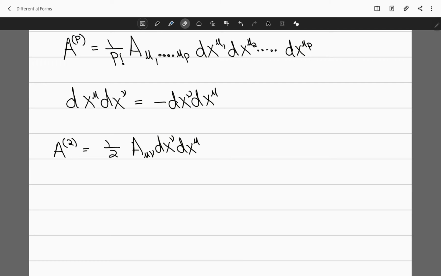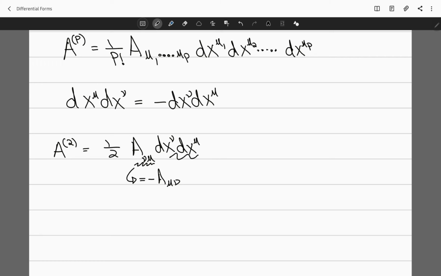Over here this would be opposite, so nu mu, right? Okay, over here this A_{nu mu} is actually equal to negative of A_{mu nu}, as we had already mentioned that they are completely antisymmetric.